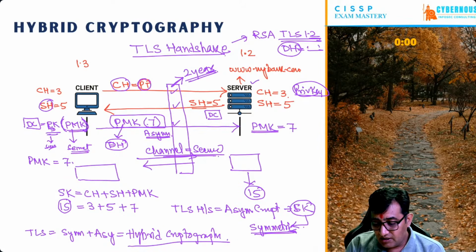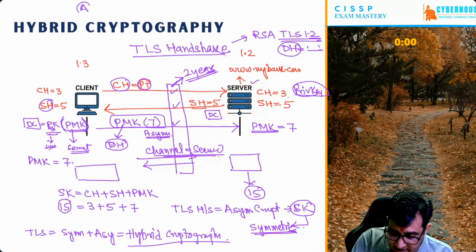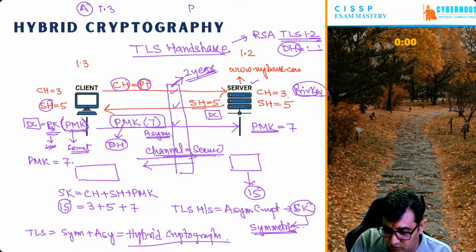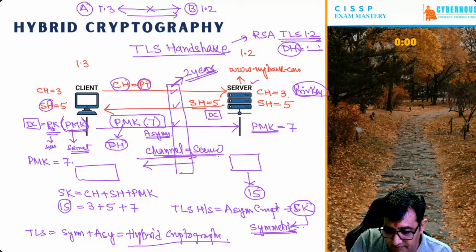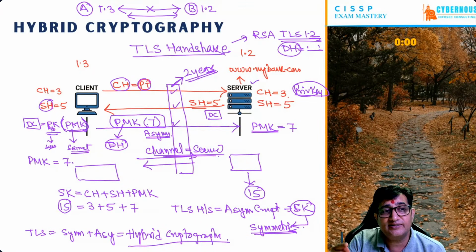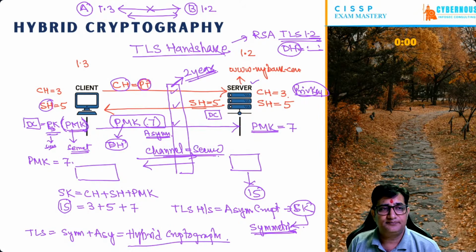But if party A supports TLS version 1.3 and another party only supports version 1.2, then as a system admin you can configure it to not downgrade. If the downgrade is not permitted, the communication will not happen. If you allow the downgrade, then the downgrade will happen. So that is called TLS or SSL downgrade. So that's another term, guys, you need to understand.